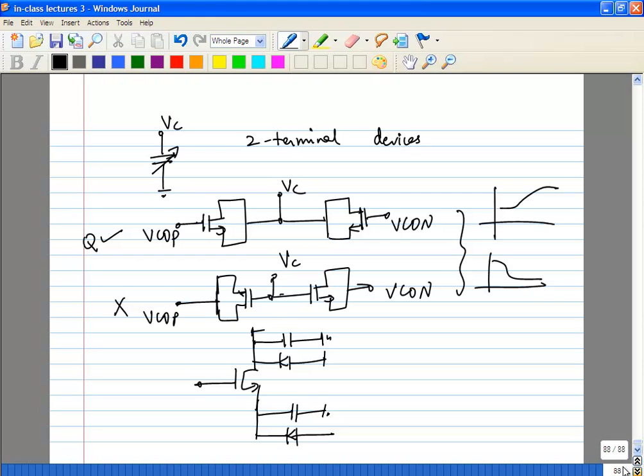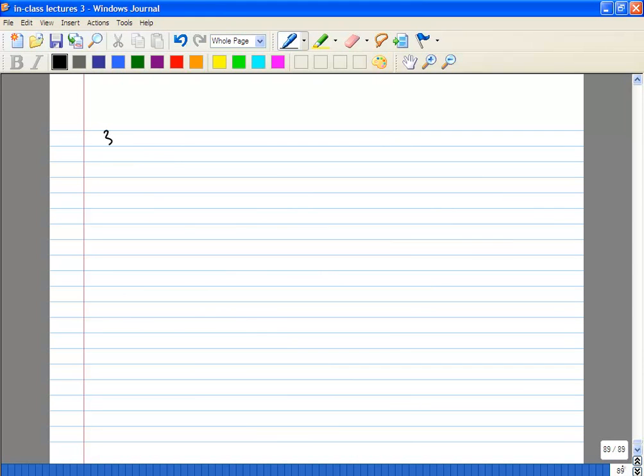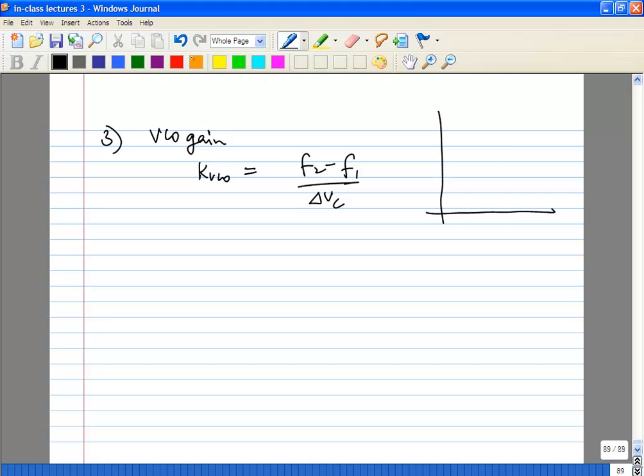What else do we have? VCO gain. It's usually represented by KVCO. It's nothing but the slope of your frequency versus control voltage curve.